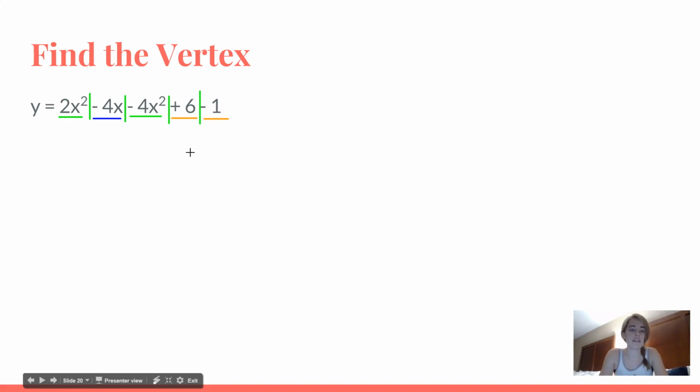When you do this, I apologize, my colors are going to disappear when I do this. This should be your new expression because I did 2x squared minus 4x squared, which is negative 2, because 2 minus 4 is negative 2. I brought this negative 4x down, and then 6 minus 1 is 5.